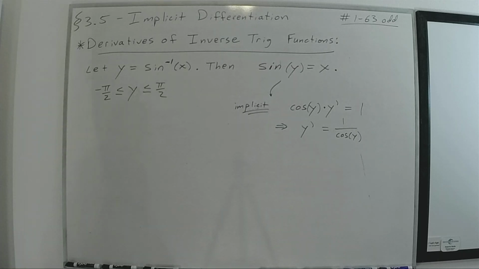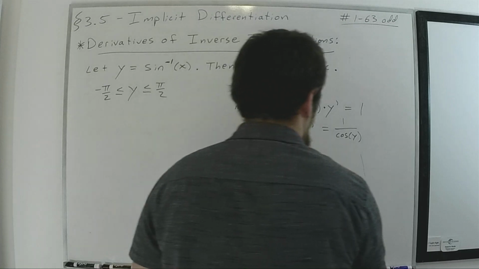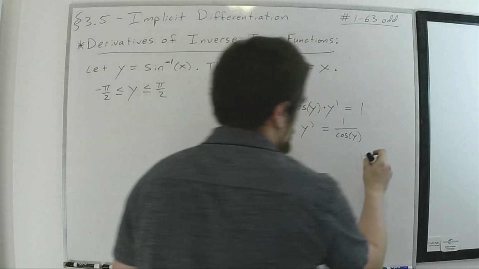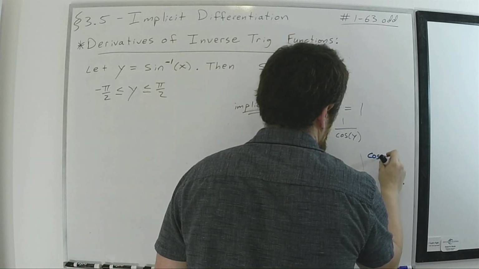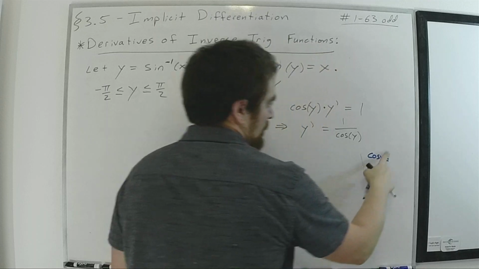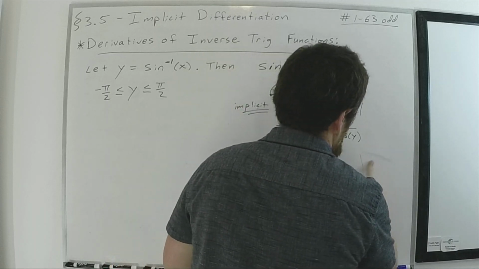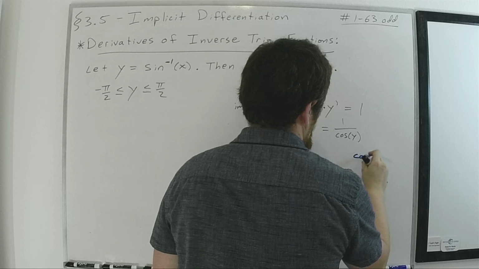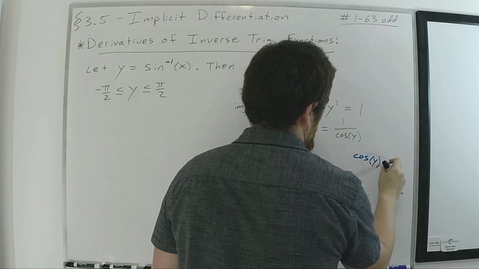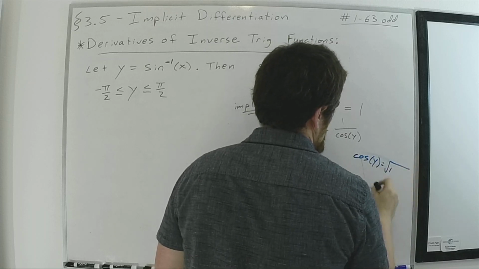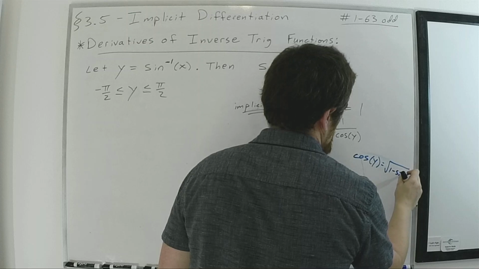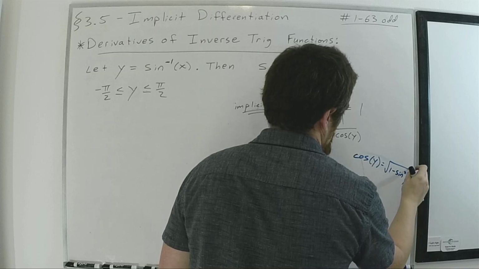When I look at cosine of y, well, give myself some more space here. When I look at cosine of y, that is like me saying the square root of 1 minus sine squared of y under the radical.